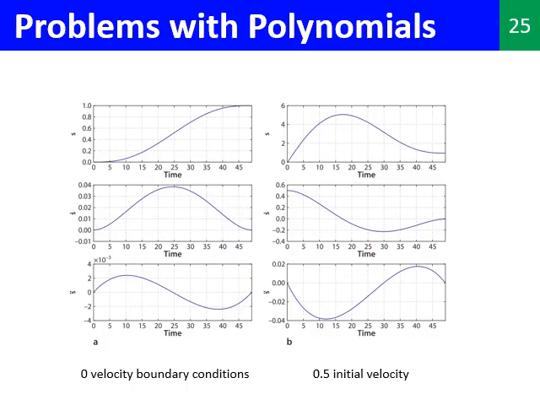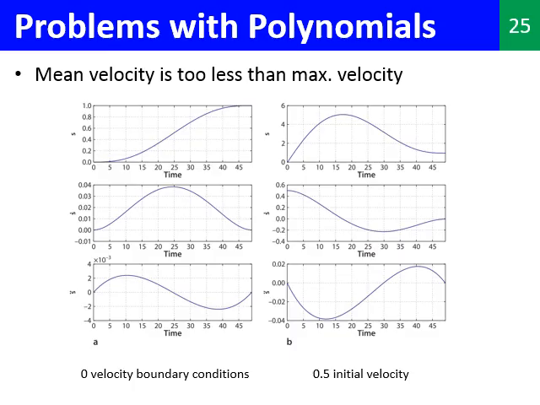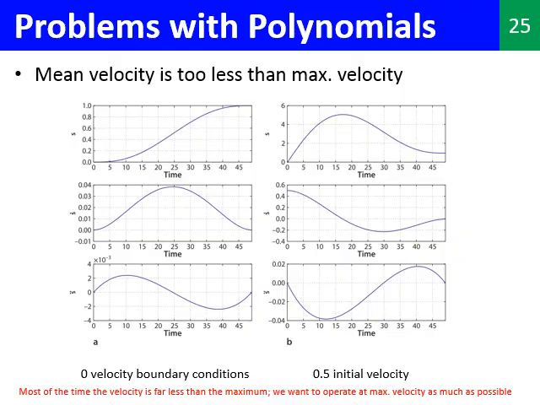So we want the manipulator joints to operate at least close to their maximum velocities. It is not happening here. So this is a problem when we use polynomials: the mean velocity is far less than the maximum velocity. This is our second problem.